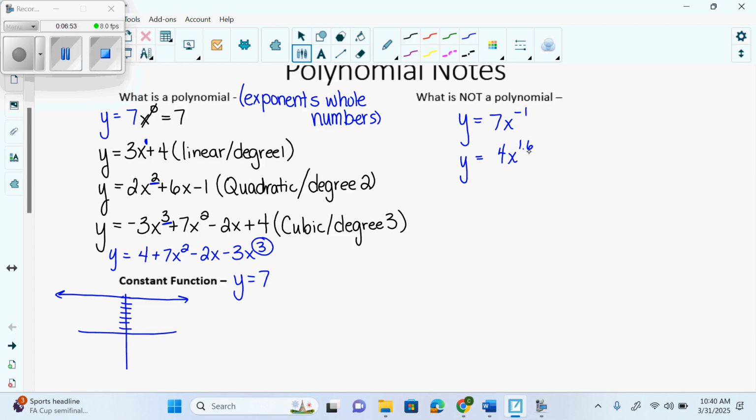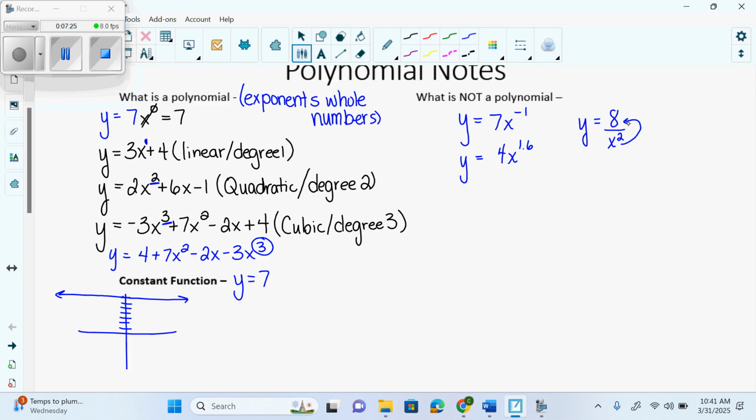We could also have y equals 8 over x squared, let's say. Now some people say, well, that's still a whole number. You told me it was a whole number, Mrs. Lepp, you're a liar. No. Because in grade 10 you were taught that when you had an exponent down in the denominator, you could move it to the numerator, because we have to have it up here in order to decide if it's a polynomial or not.